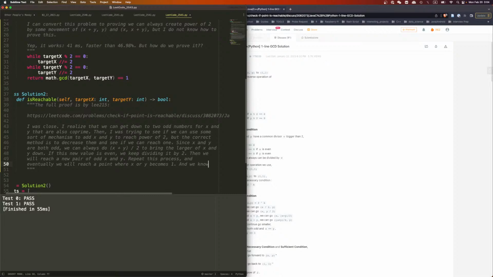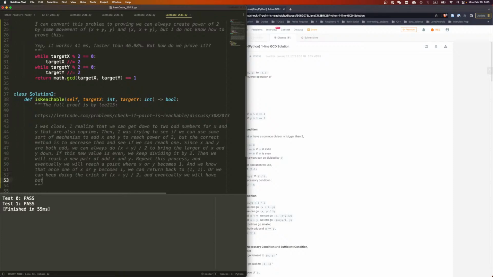And we know that once 1 of x or y becomes 1, we can return back to 1, 1. Or we can keep doing the trick of x plus y divided by 2, and eventually we will have both x and y reaching 1.